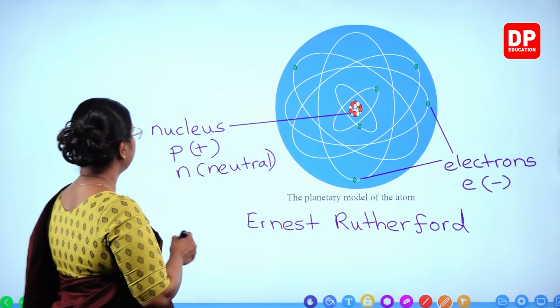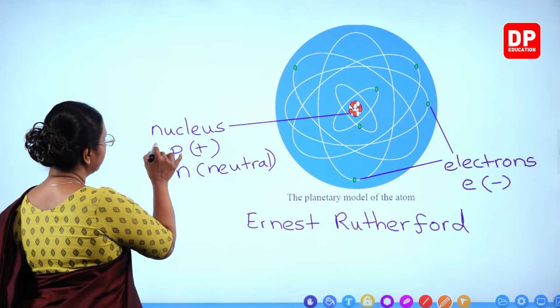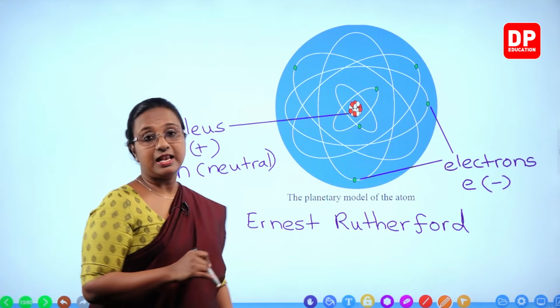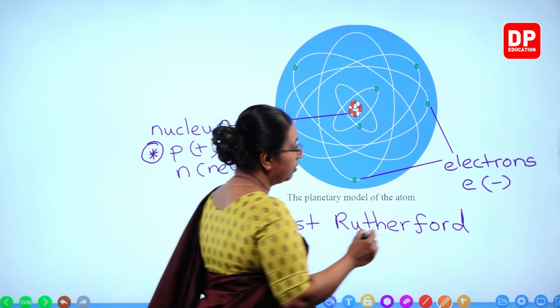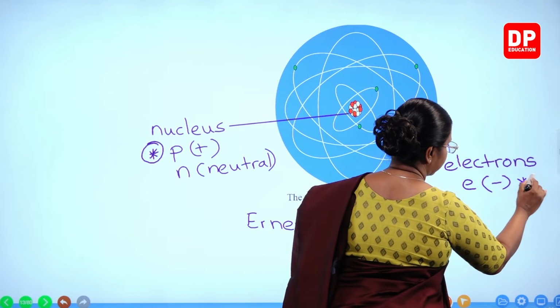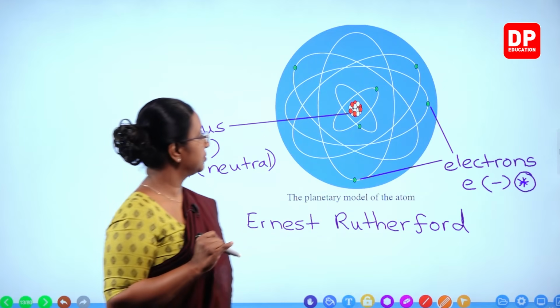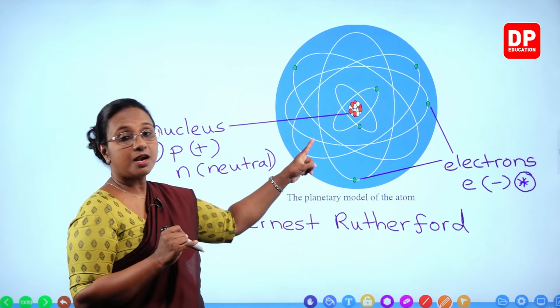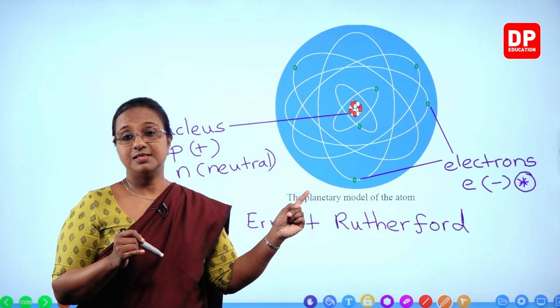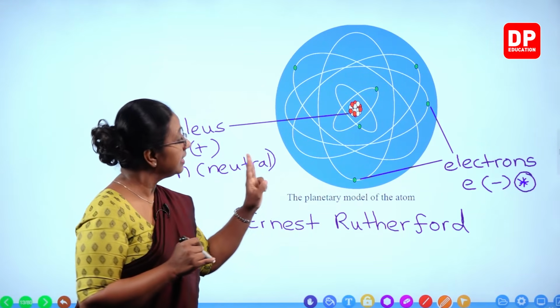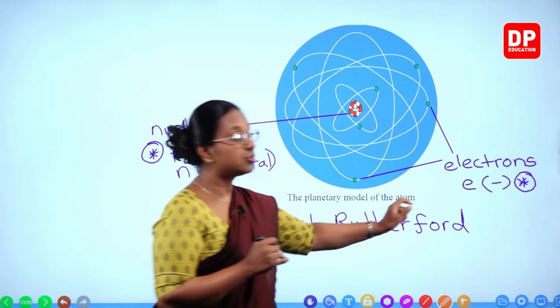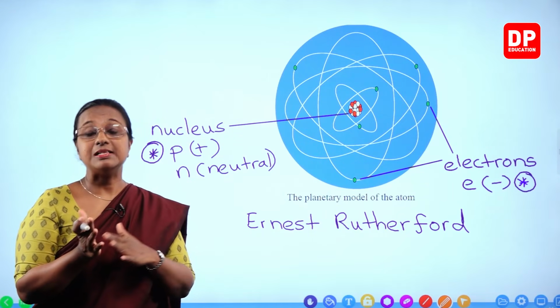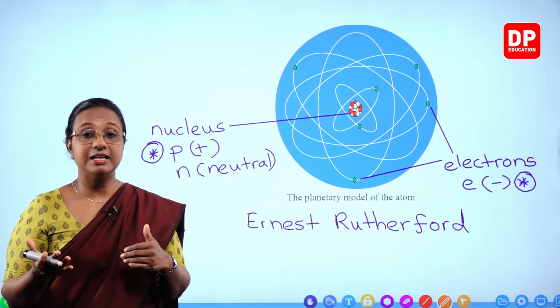So in the nucleus also, it is the protons and the electrons. So you all know what the attraction is. And here again, students, positively charged protons can repulse each other because of similar charges. The same way, electrons also can repulse each other because they are all negative charges.